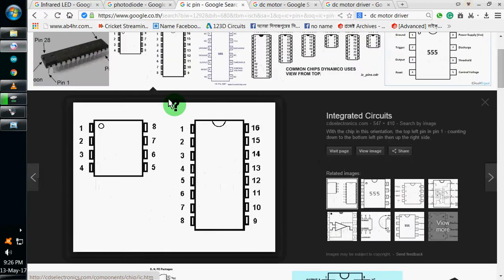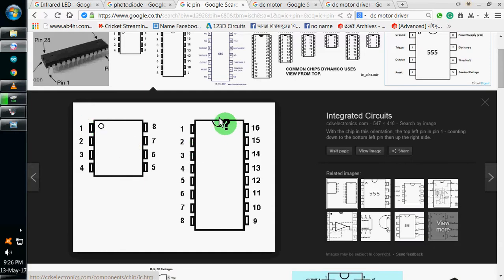Now we will see the pin configuration of an IC, how we find the number of the pins. If you observe the figure here, you can see a circular point, or a half circular point.